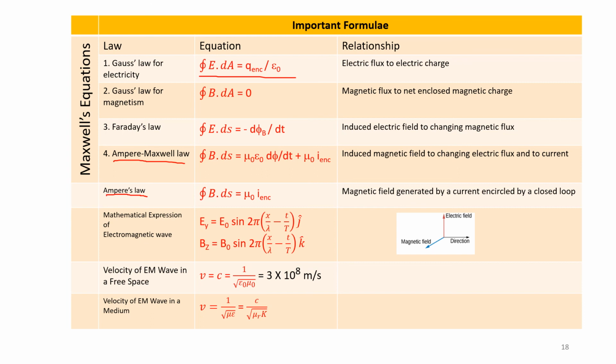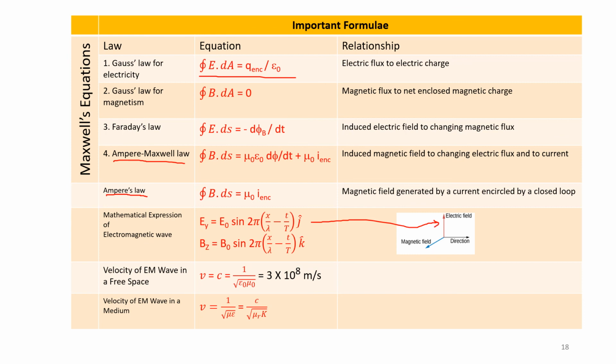So the mathematical expression of an electromagnetic wave is given by Ey equals E naught into sine 2 pi into x by lambda minus small t by capital T, in the j direction. This is the electric field, and its equation is given here.